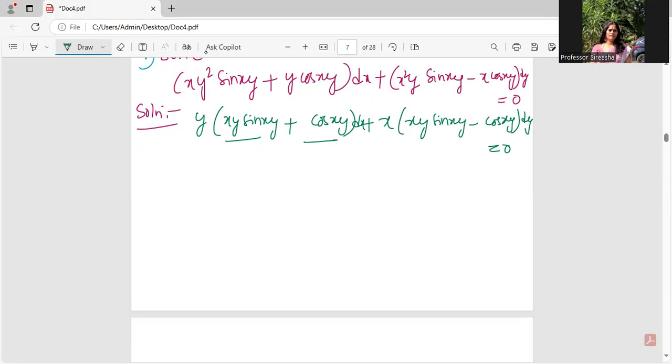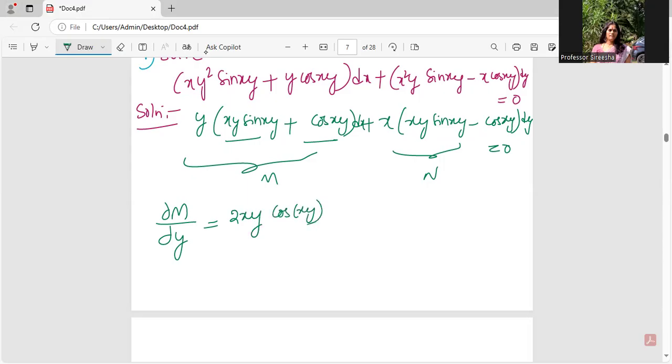This whole thing is my M and this whole thing is my N. What would be dou M by dou y, guys? UV rule I'll be applying. So 2xy sine derivative is what? Cos xy. Xy derivative with respect to y would be x into 1.